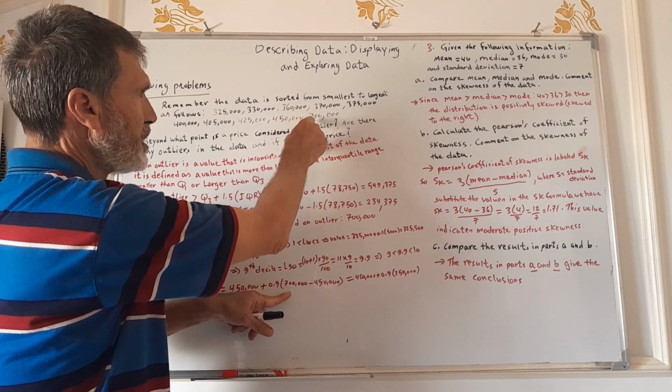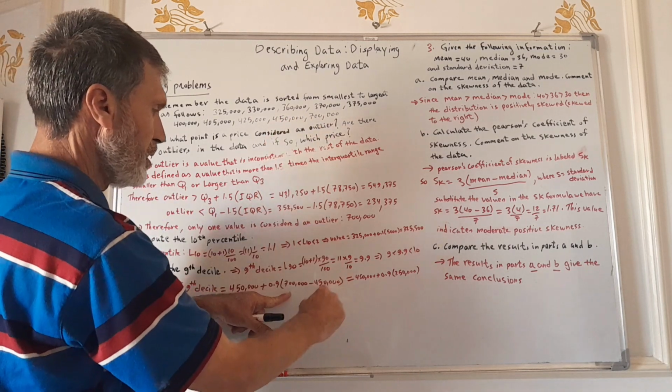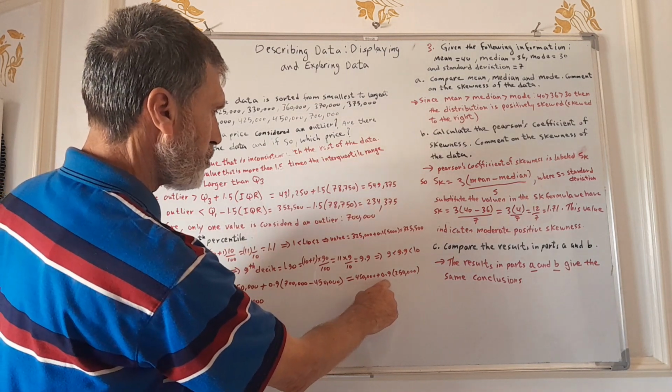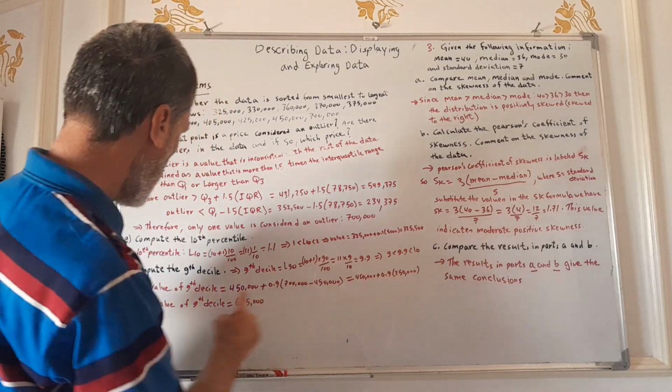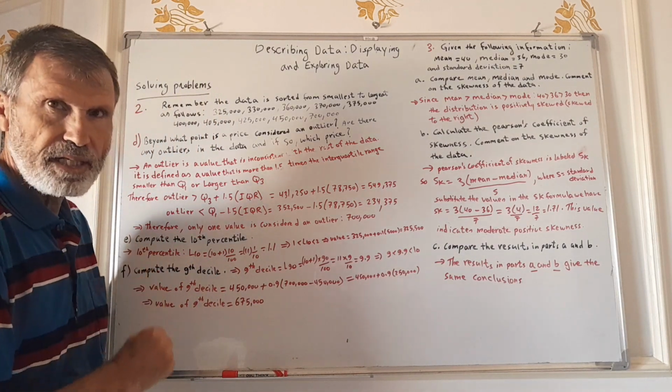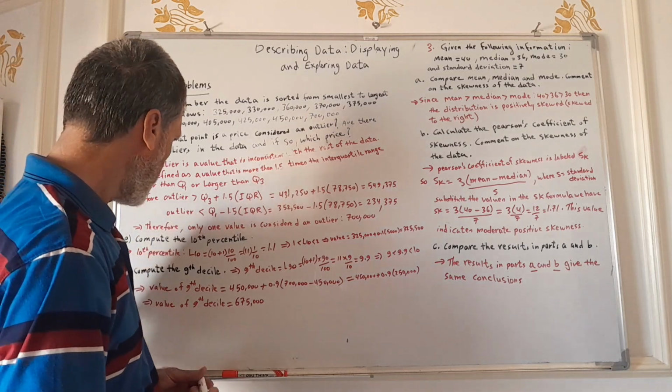The difference is 700,000 minus 450,000, which is 250,000. So 450,000 plus 0.9 times 250,000, and the value of the 9th decile is 675,000. This is the value of the 9th decile.